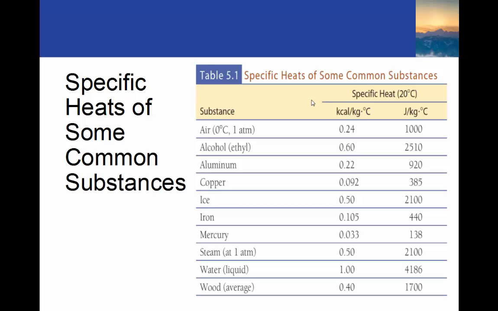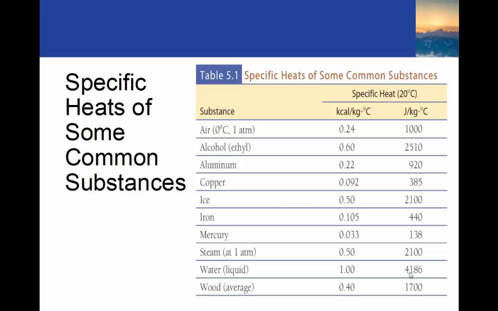We get the specific heat capacity of water from table 5.1 in the Shipman et al. Introduction to Physical Science text. That's the same place that we got the specific heat capacity for ice. For water, of course, it's 1.00 kilocalorie per kilogram degree Celsius, or 4,186 joules per kilogram degree Celsius.